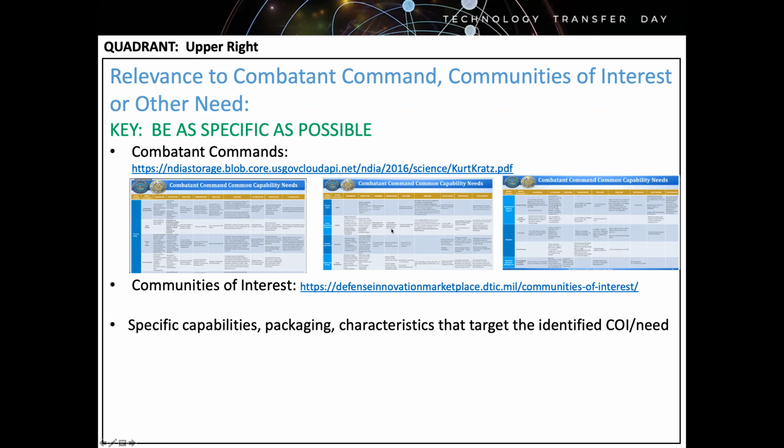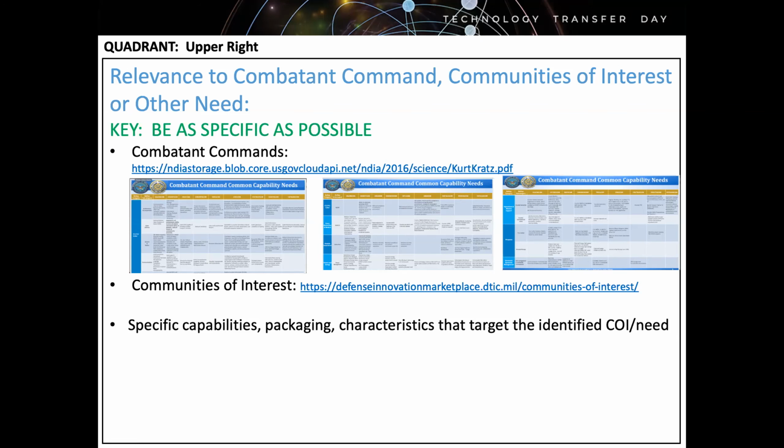If you can find a fit for your solution in one of these very brief descriptors, you can then identify the combatant command that has that particular interest.